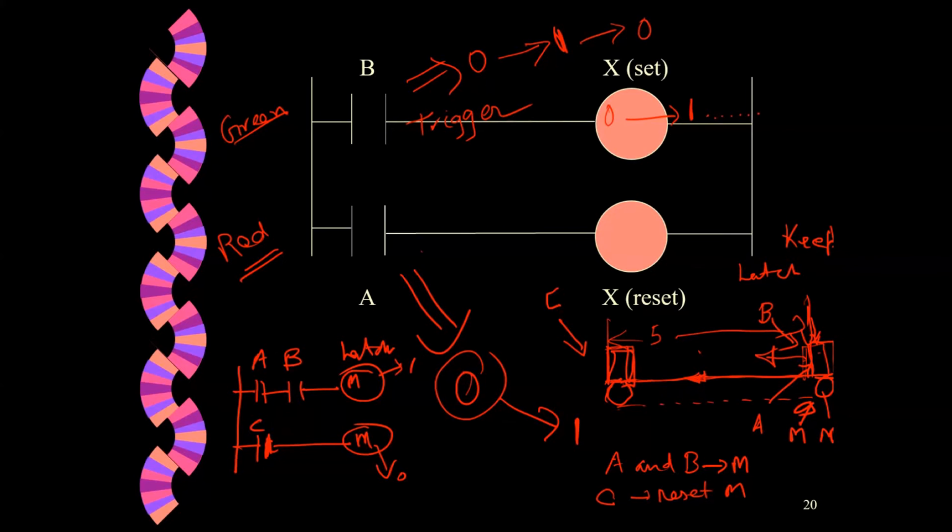But A and B becomes true. What happens to C? It is still true. It has not been removed. The box is not removed yet. So this will latch and prevent the M from being triggered. That means the line comes to a stop.